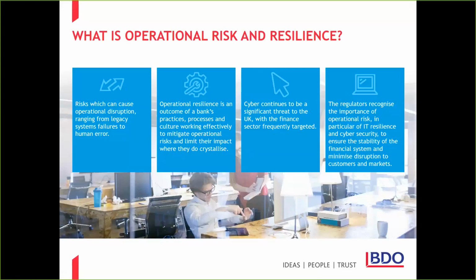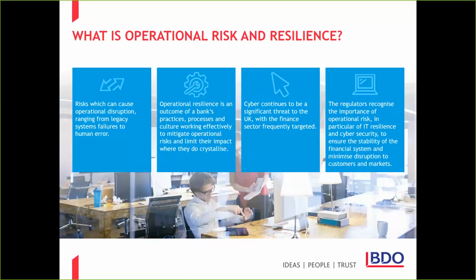A key one that's really been flagged by the PRA, and they've surveyed several firms, is the cyber threat. What they're worried about is that, given the focus on technology, firms are more and more operating in cyberspace and linking with customers, etc., online, so there's a cyber threat to the UK financial system.